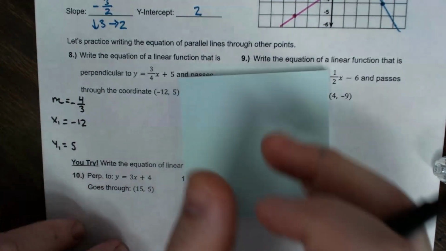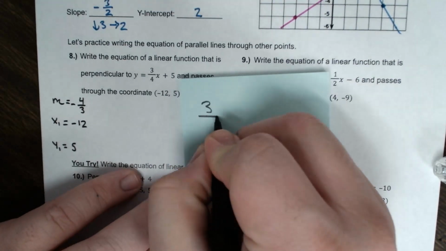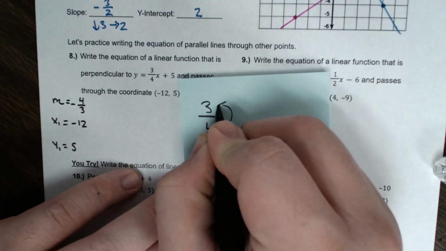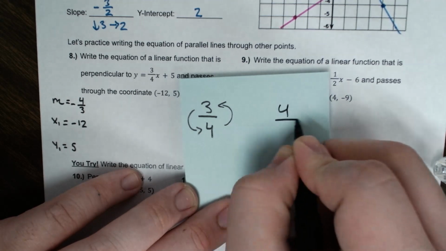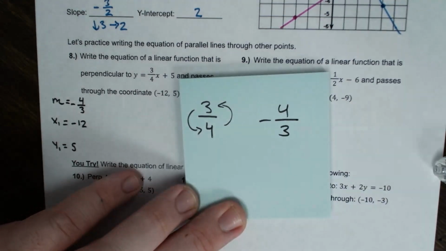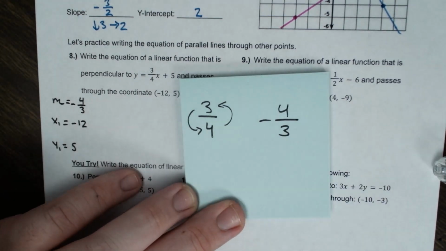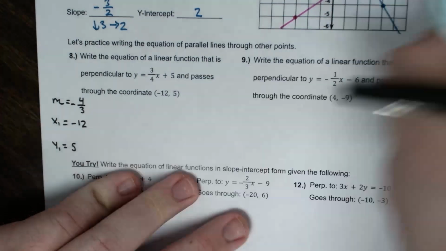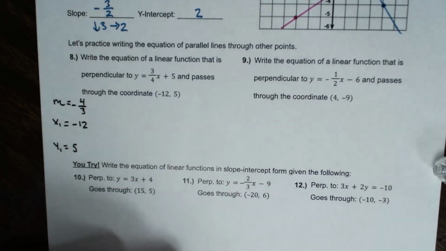All we did to get that slope was take 3 over 4, flip it, and make it negative. Now, if it was already negative, make it positive.